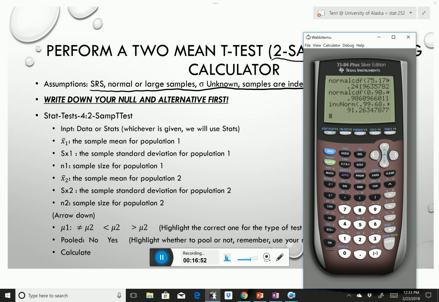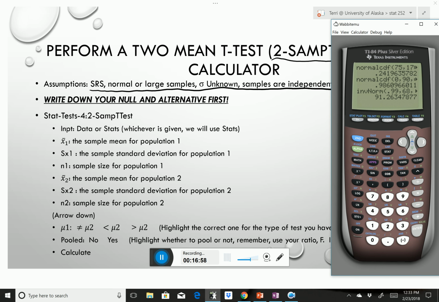So what we're going to do first is write down your null and alternative. Remember, the question being asked goes in the alternative.